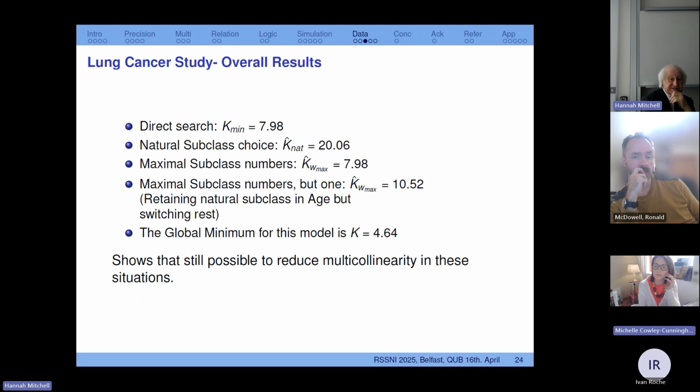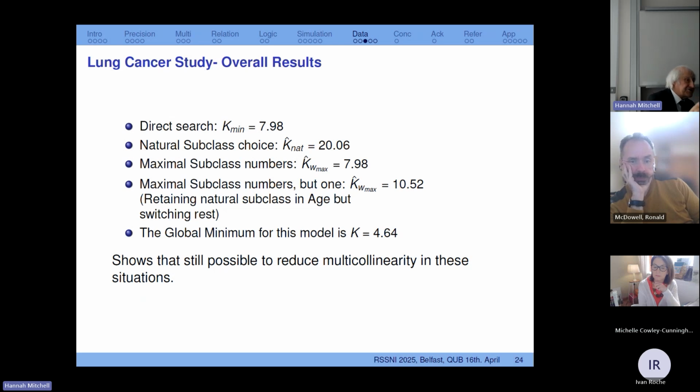Maximal subclass numbers but one. That's K hat max for that is 10.52. What is that? That is that some medical doctors don't like changing all the subclasses to the maximum. They have one categorical variable that they must have measured in such a way.